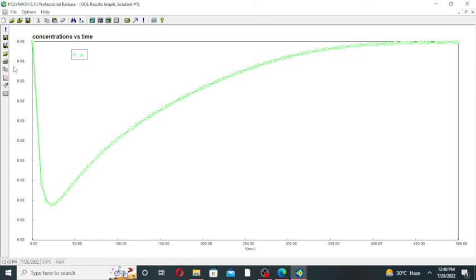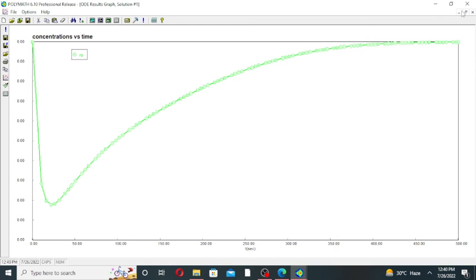Suppose the rate of A increases in the downward direction, so at 20 or 30 seconds the rate of A will be maximum, and after 500 seconds the rate of A will go to 0.